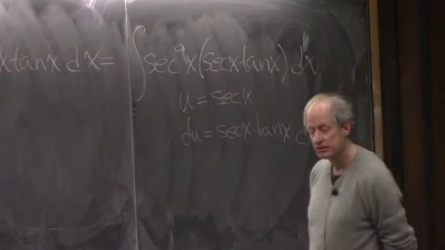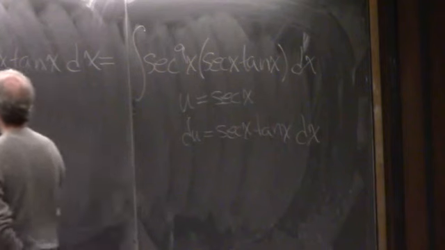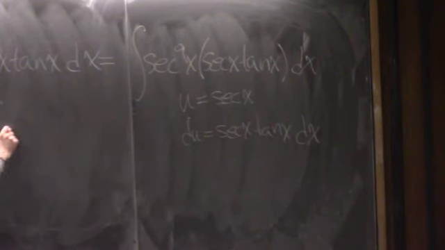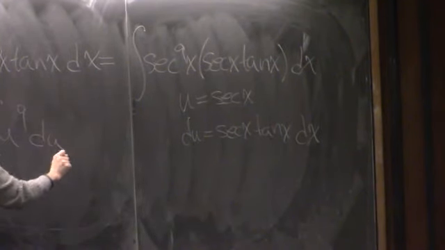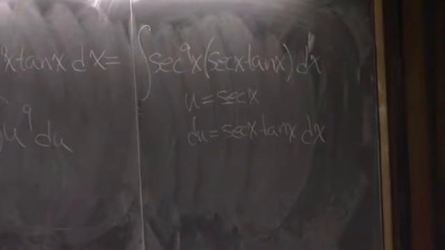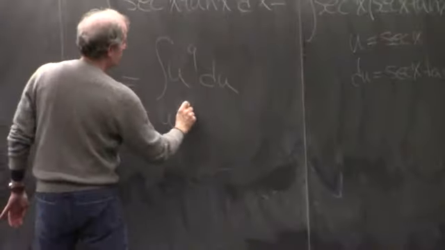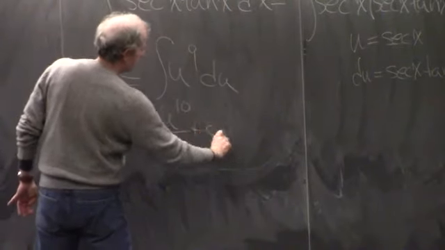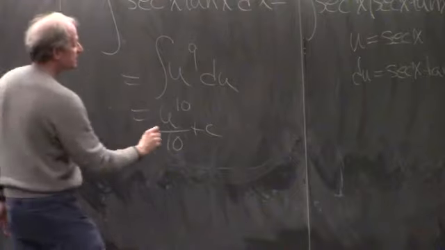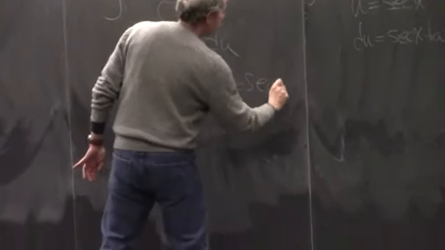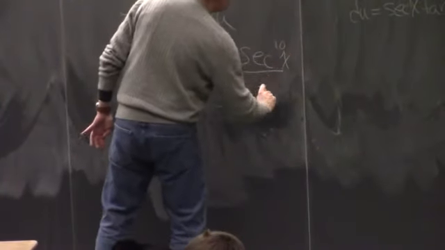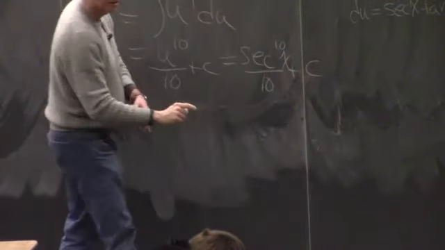Once I showed you, well, you'd get there on your own. So this now becomes u to the 9th du, which is u to the 10th over 10, plus c, and that's secant to the 10th x over 10 plus c.